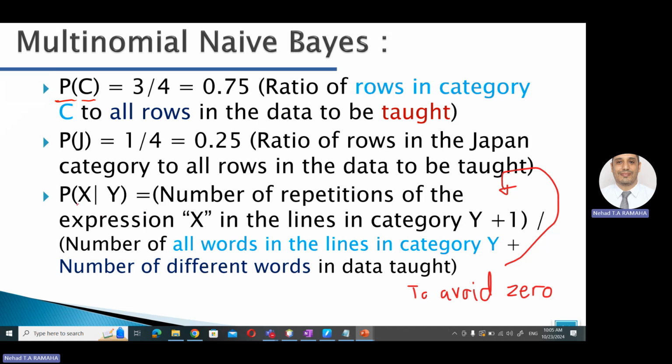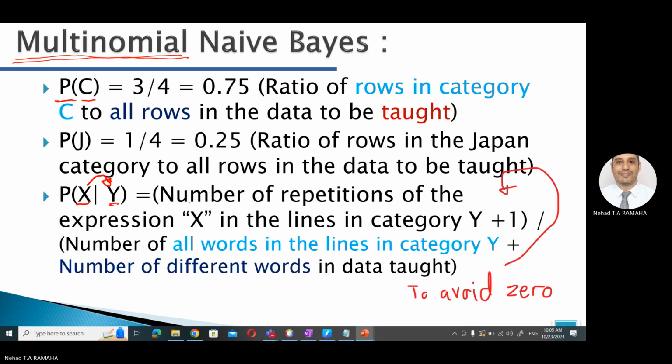So probability of X, any X, given Y or class Y or category Y, generally for this type. It's applicable, so when you see any document example for classifying documents, you will use this one directly.